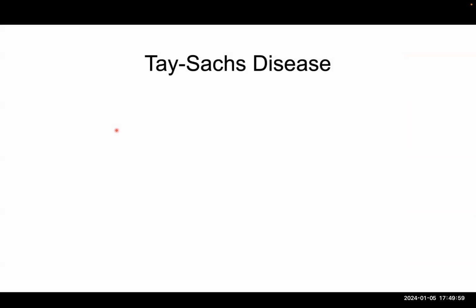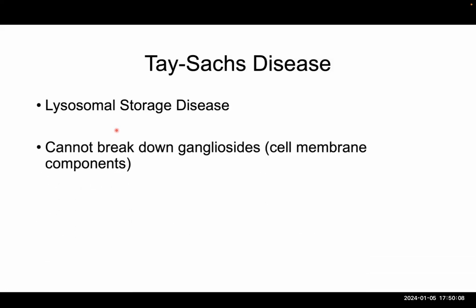Tay-Sachs disease is a lysosomal storage disease. It cannot break down compounds called gangliosides, which are parts of the cell membrane, or the plasma membrane.